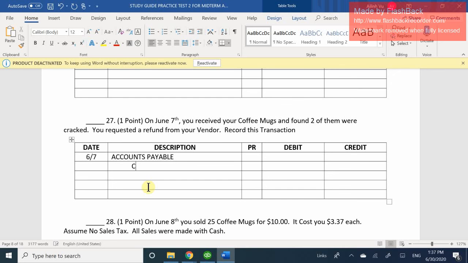Yes, $4.70. You're going to take the $2.35. You don't include freight, because you cannot return freight for that. So it's just straight out the $2.35 for the 2 cups.